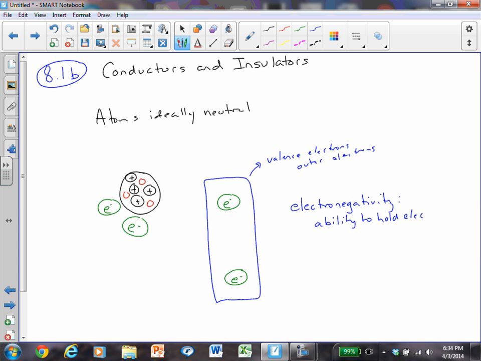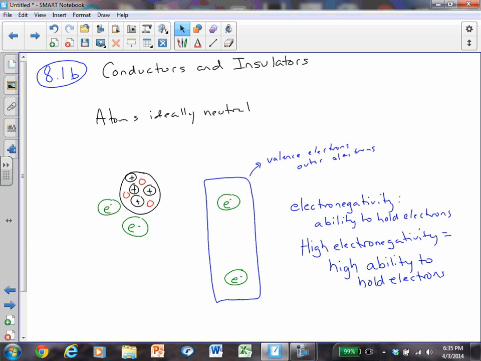High electronegativity, high ability to hold electrons. Low electronegativity, opposite. Low ability to hold electrons. Okay?